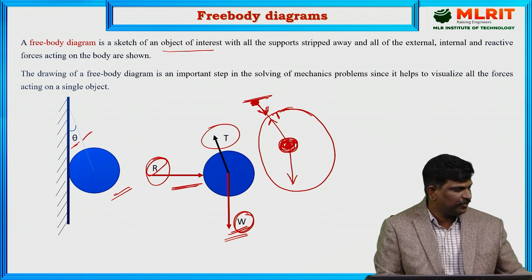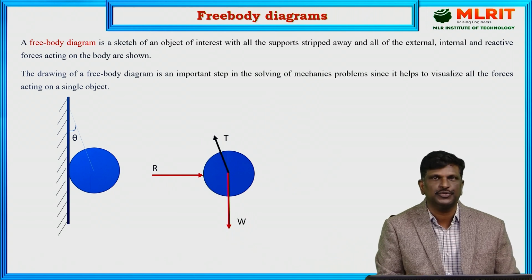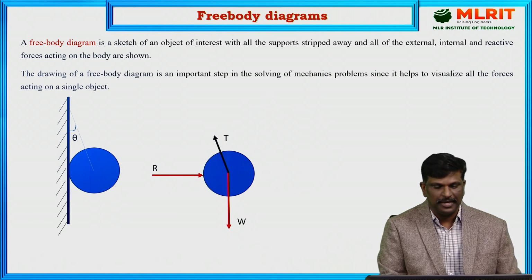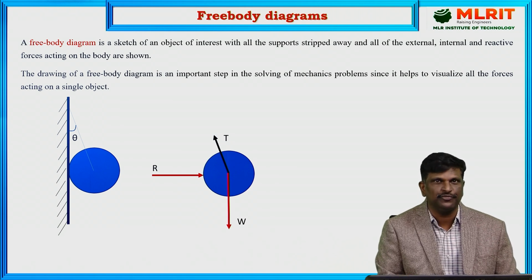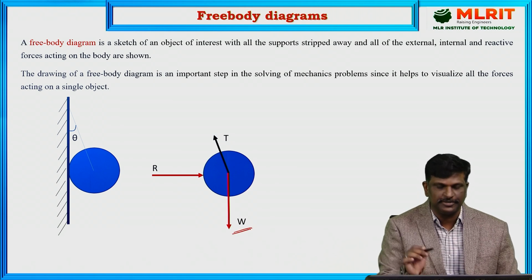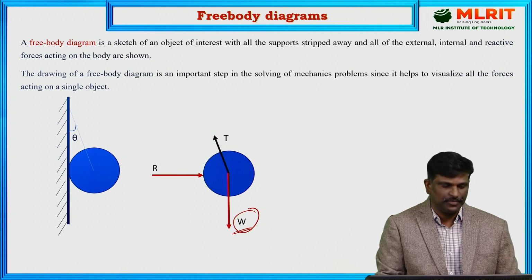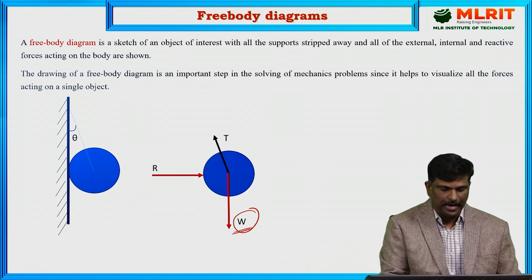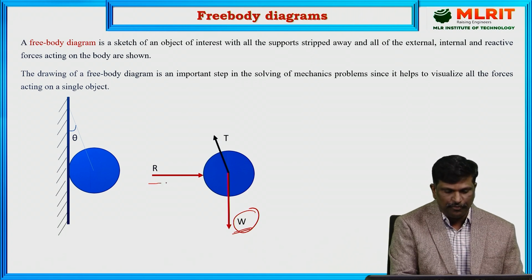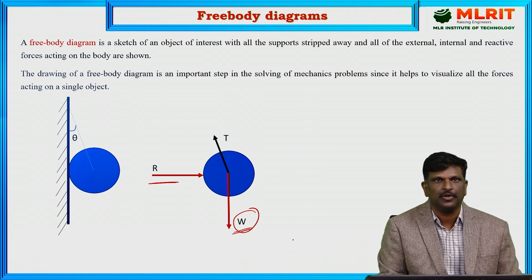The free body diagram is the diagram which shows only the external forces, internal forces, induced forces and self weights. Here W is the weight of the body, which is acting vertically downwards, and there is a reaction from the wall. The reaction will always be perpendicular to the contact surface.